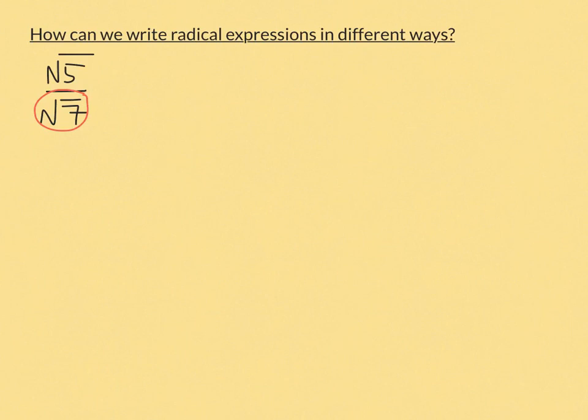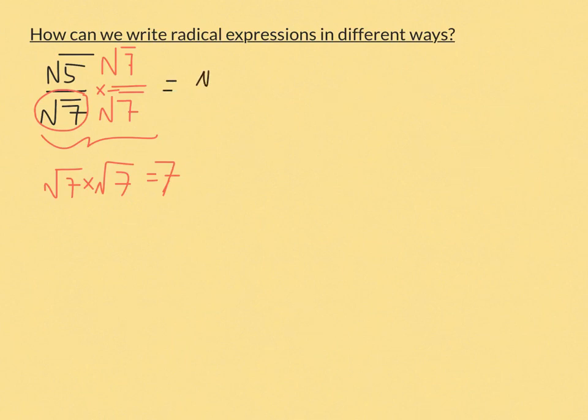So I know that I can multiply this by, say, square root of 7, because root 7 times root 7 will give me 7. But I can't just multiply this by 1 over square root of 7 because I'll change the value of this expression. So I'm going to multiply it by square root of 7 over square root 7. So in this case, the numerator, I can write it as square root of 35, and the denominator becomes 7.